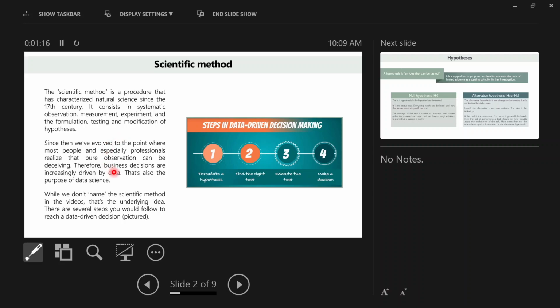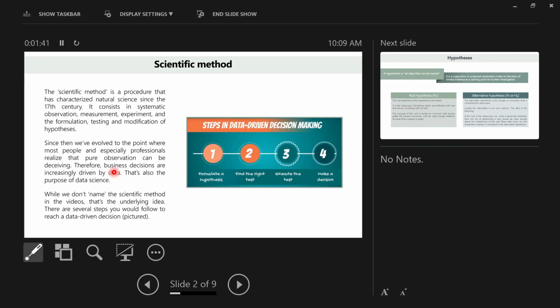So what is clear is that as time goes by, there are always improvements that happen. We are saying that since then, we have evolved to the point where most people, and especially professionals, realize that pure observation can be deceiving.